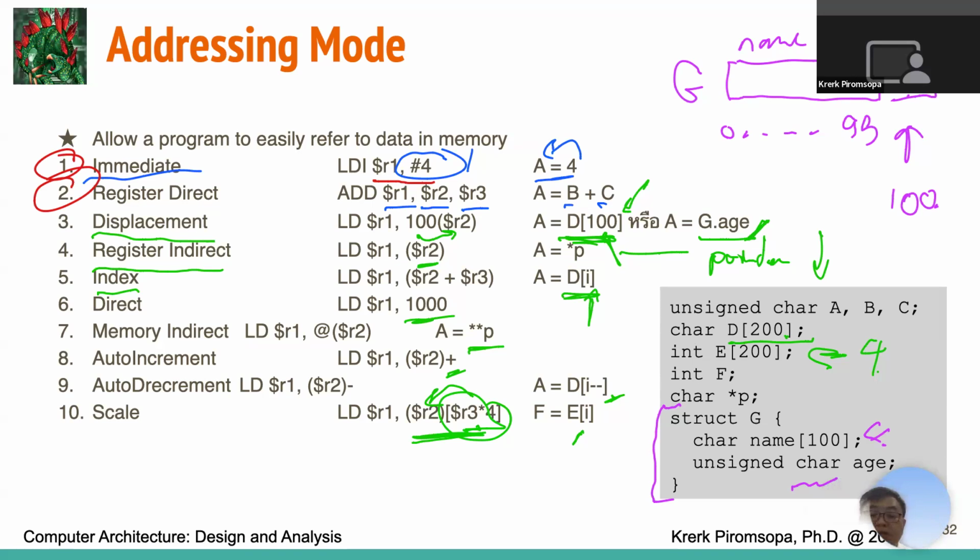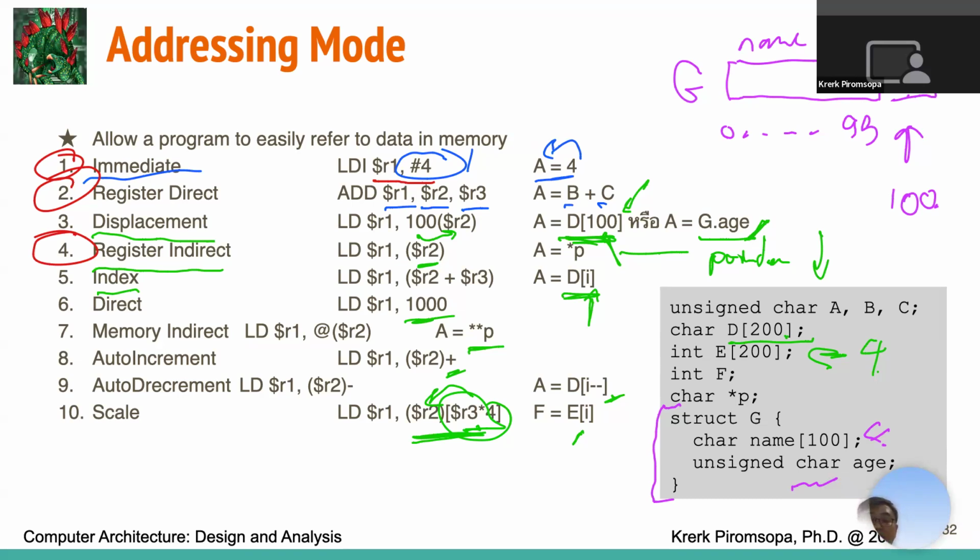Do we really need index? Well, actually, we can do register indirect and live with it. We can live with just 3 addressing modes. That's my point.